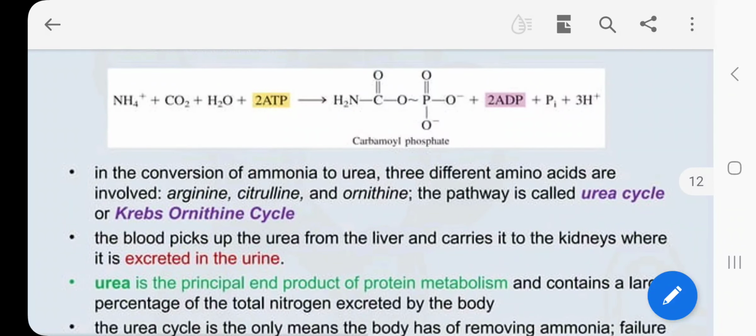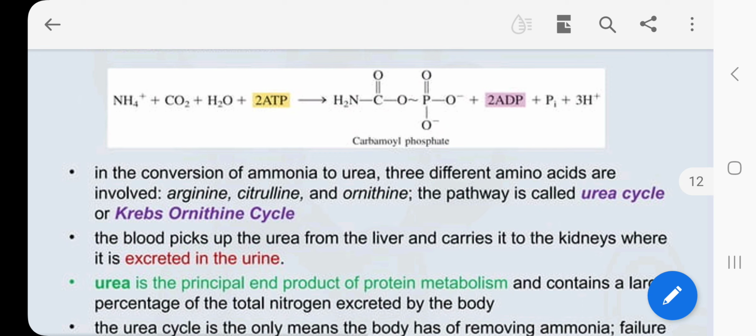So, mas mababang form ng energy sa ating katawan. In the conversion of ammonia to urea, 3 different amino acids are involved: arginine, citrulline, ornithine. So, these ones, usually hindi natin nababanggit dun sa essential and non-essential amino acids, but take note of these 3. So the pathway for this is called the urea cycle. In other books, they call it the Krebs ornithine cycle. So the blood picks up the urea from the liver and carries it to the kidneys where it is excreted in the urine.